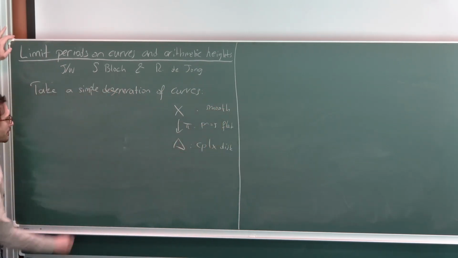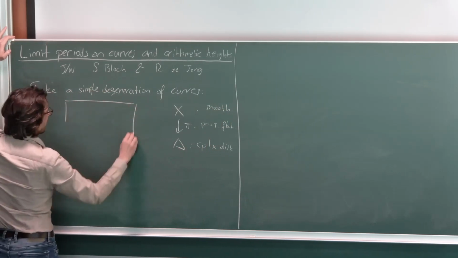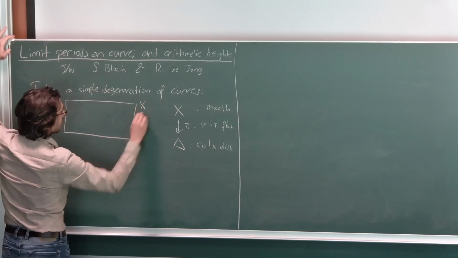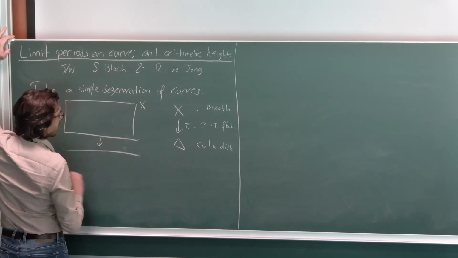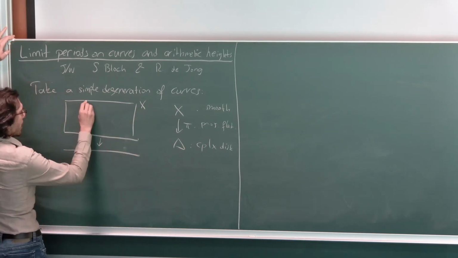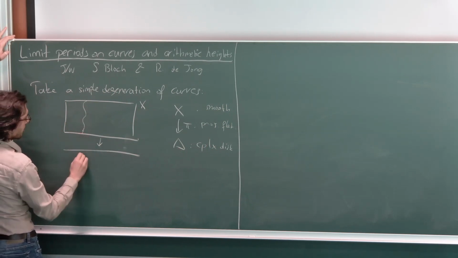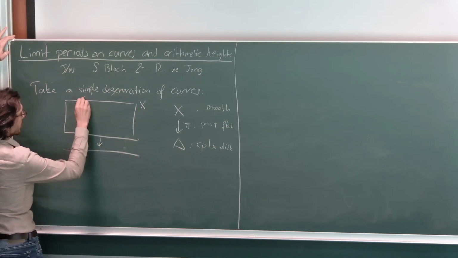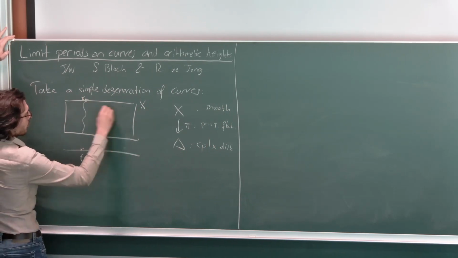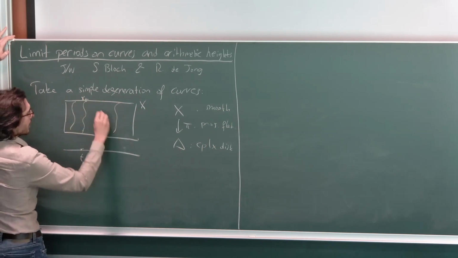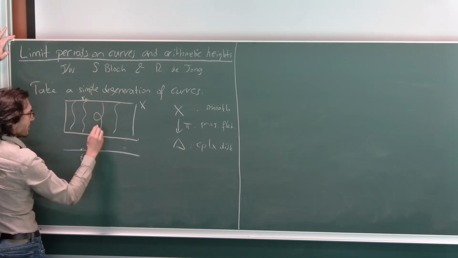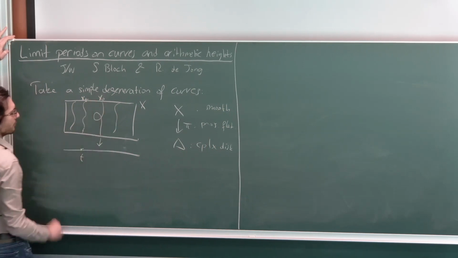The family is X. The disk is here. And I want my general fiber to be smooth. So let's say the fiber over T, it's XT. It's smooth everywhere, except I want a simple nodal central fiber.